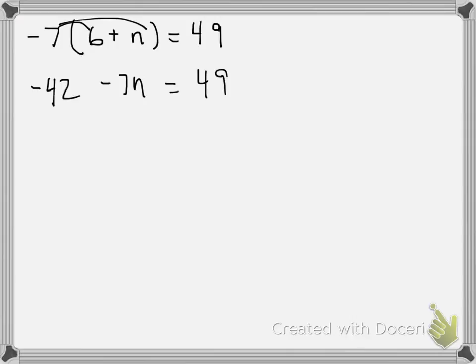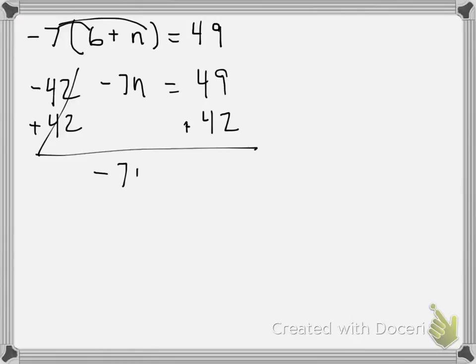Okay, now first step, I could get rid of this negative 42, and I could do that by doing a positive 42. I have to do the same thing to the other side. Then these will cancel, and I'll be left on this side with a negative 7n, and on this side I'll be left with 91.